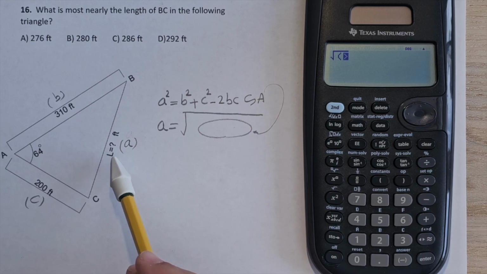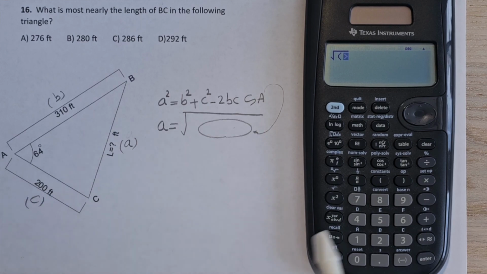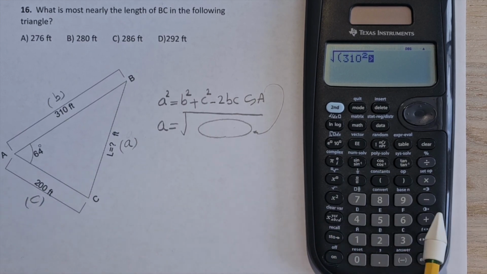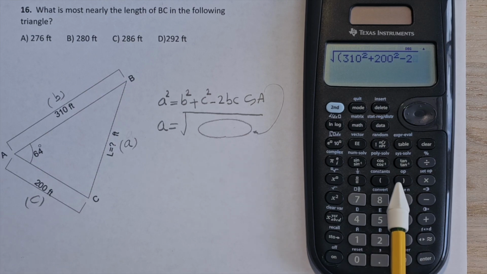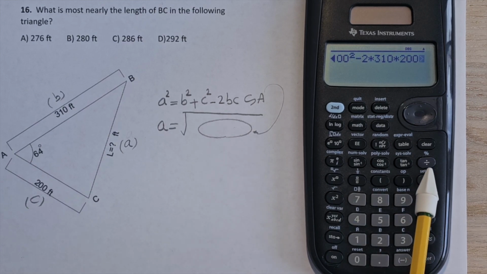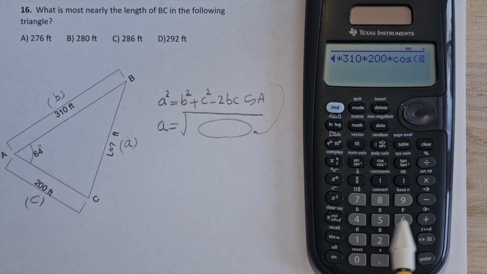To find L, we have to use this one, 310, 200, squared plus 200 squared minus 2 times the same value 200 times cosine of this angle.